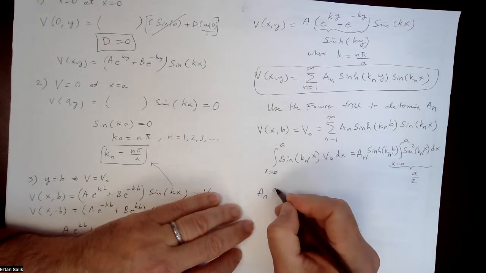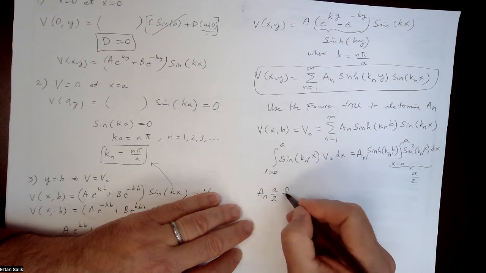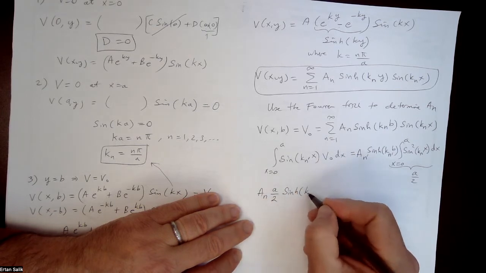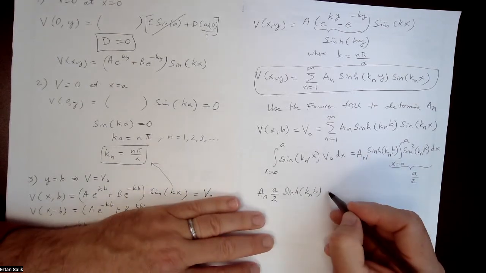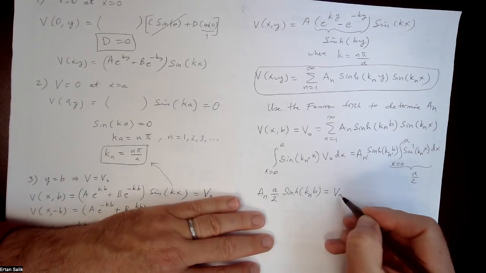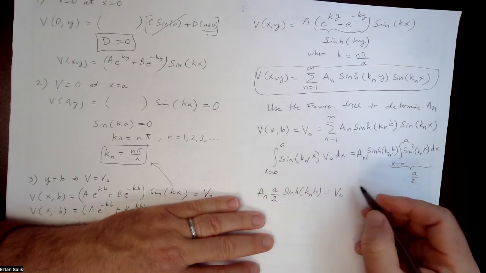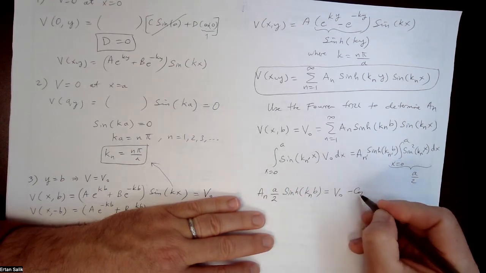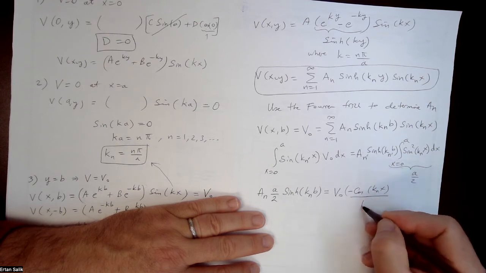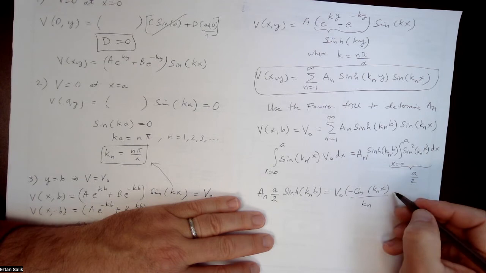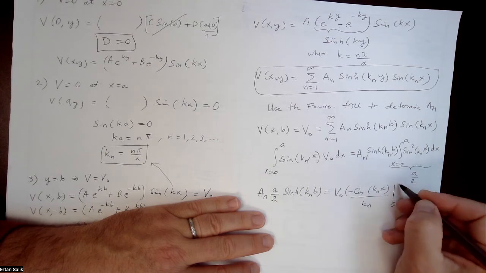So an a over 2 sine hyperbolic of kn b equals v naught. If you take the integral of this, it's going to be minus cosine of kn x over kn, evaluated 0 to a.